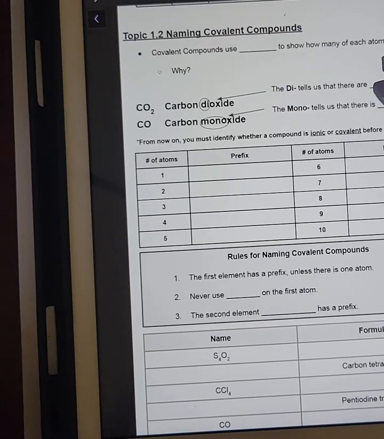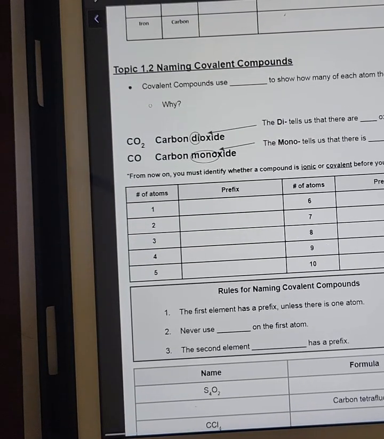So in covalent compounds, we know that there are no charges, so we are not using crisscrossing. In ionic compounds, we used the charges to decide how many of each ion are needed by doing the crisscross method.